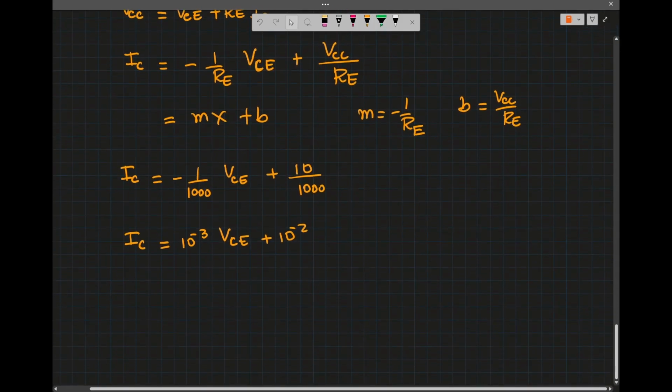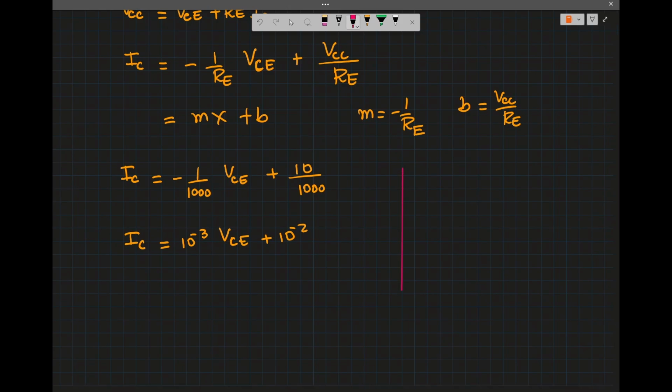So I can sketch the DC load line. So here is VCE and this is IC. Now, when VCE equal to 0, IC equal to 10 to the negative 2, so 0.01.